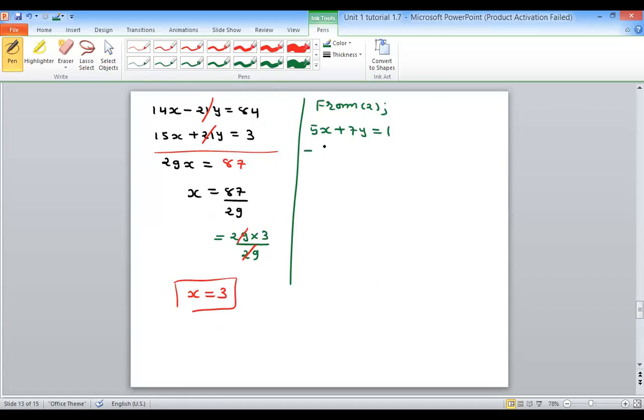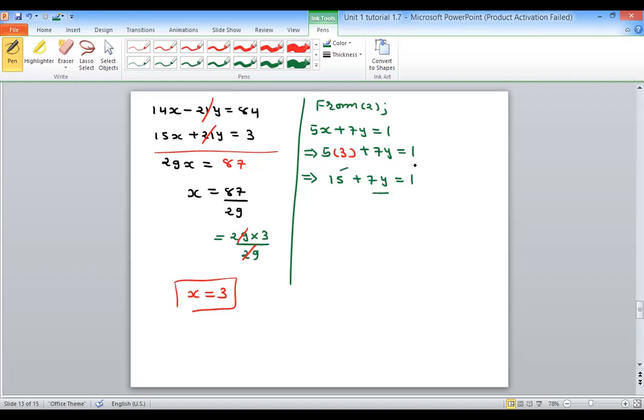So 5 as it is, x is 3, 7y is equal to 1. It's 15, 7y is equal to 1. I want the value of y.